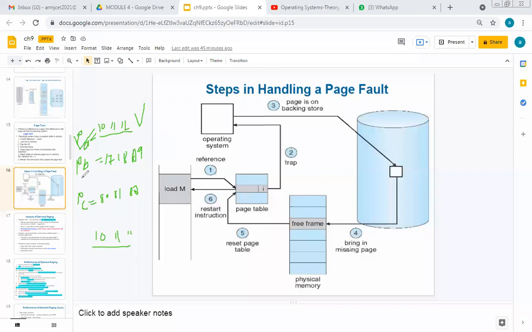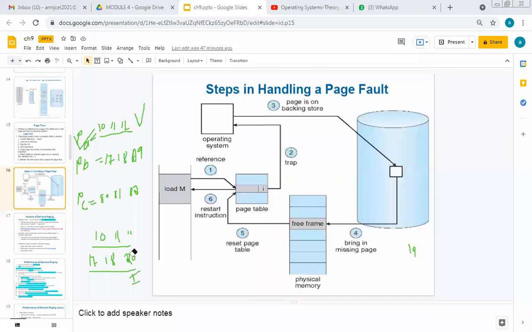Okay, now next. Process B wants 17, 18, 19. But what are the present contents? 17, 18, 20. The present contents include 20, so 19 is present in the disk, while 20 is present in the physical memory. Two things are available, one thing is not available. With respect to process B, the 20th page is invalid. What is the option we have?